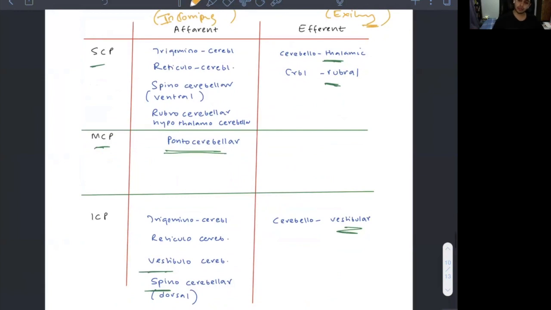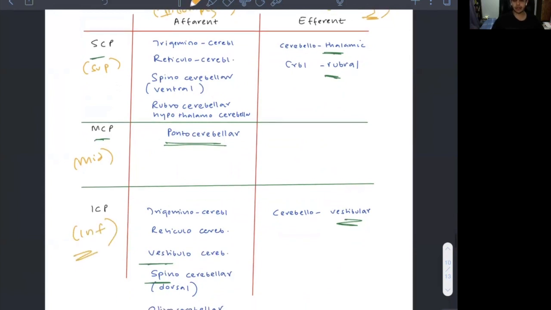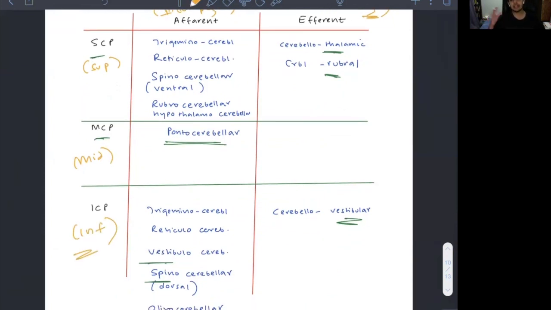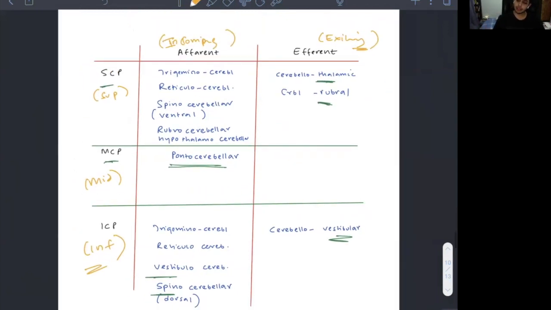So, this is the superior cerebellar peduncle, this is the middle cerebellar peduncle, and this is the inferior cerebellar peduncle. Now, again, this is not completely for theory, because supposing there is a middle cerebellar peduncle damage exclusively, and your cerebellum itself is spared, but your middle cerebellar peduncle is gone, then your pontocerebellar tract will be gone.